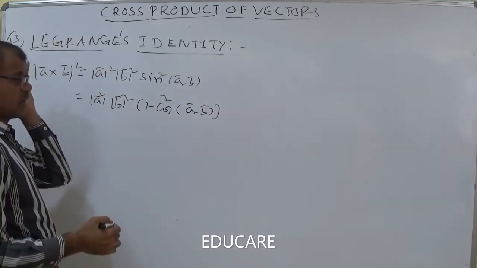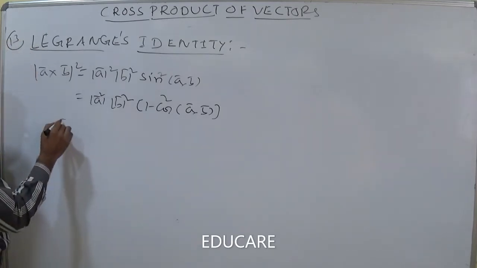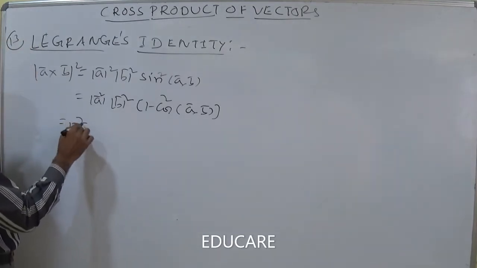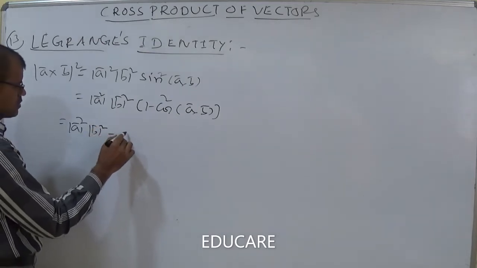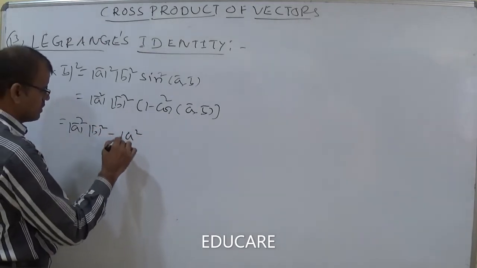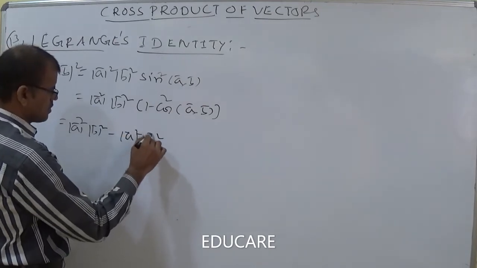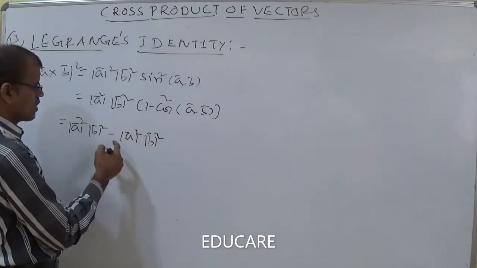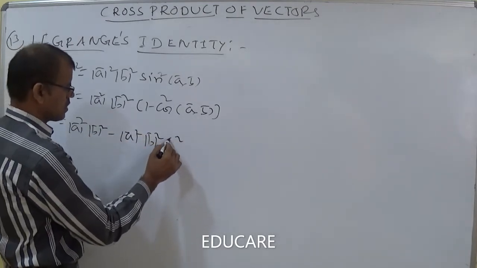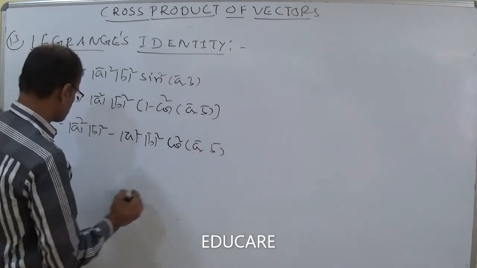Here whenever I write A bar, B bar with a comma in the bracket, it indicates the angle. So many times we have discussed it. So you can write modulus of A square into modulus of B square, multiplied with this one, modulus of A square, modulus of B square minus mod A square mod B square into cos square of A bar comma B bar.